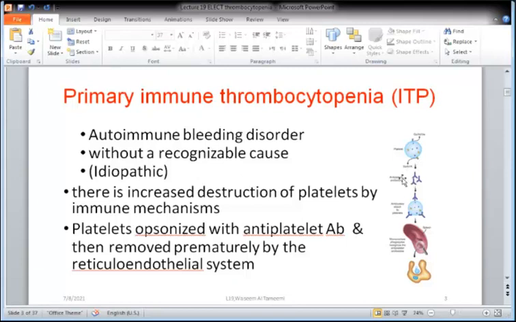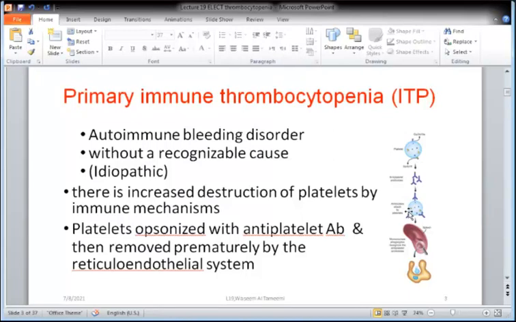These antiplatelet antibodies, which may be IgG or IgM, will opsonize over the surface of the platelet. So it will coat the platelet surface. And here it will give a structure which is composed of platelet coated with an antibody.